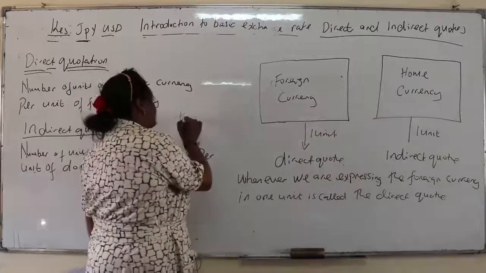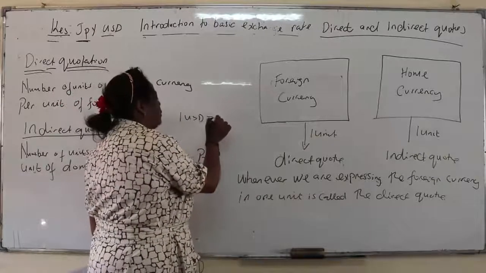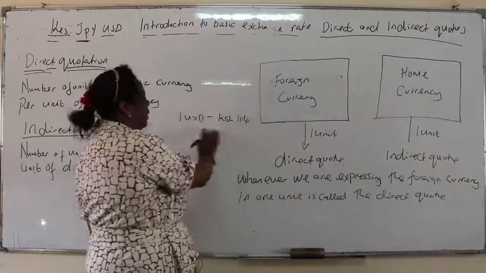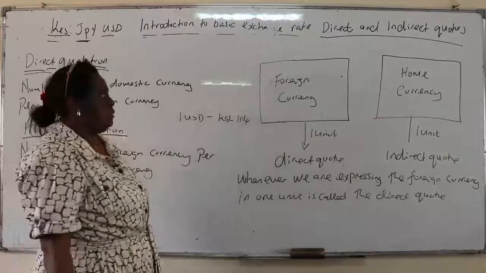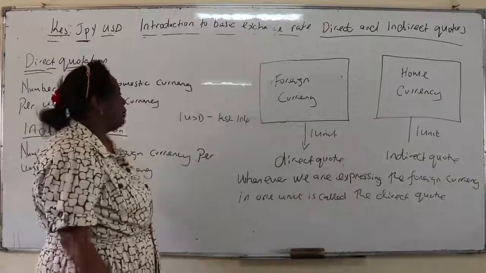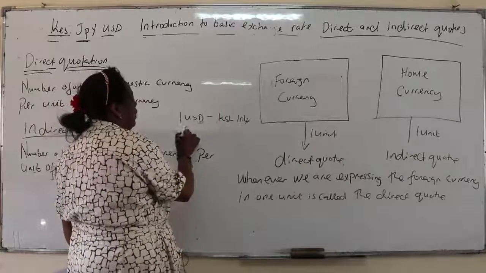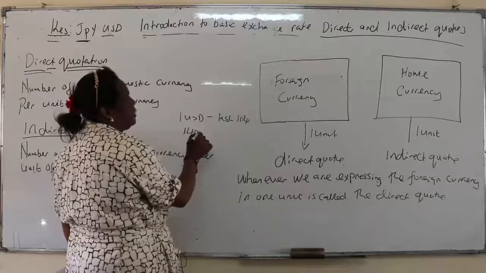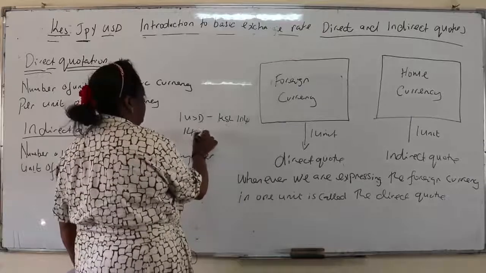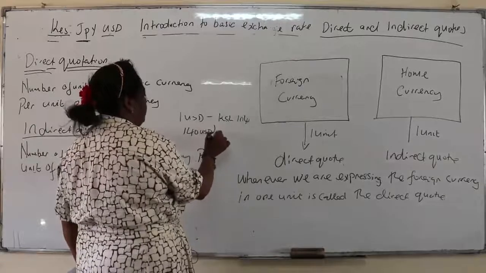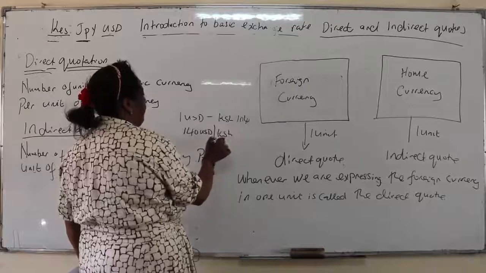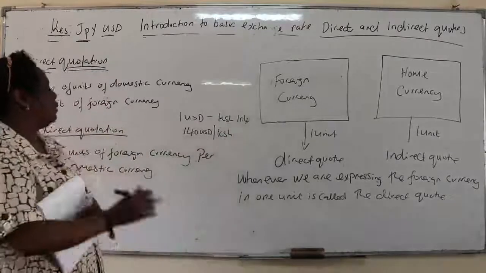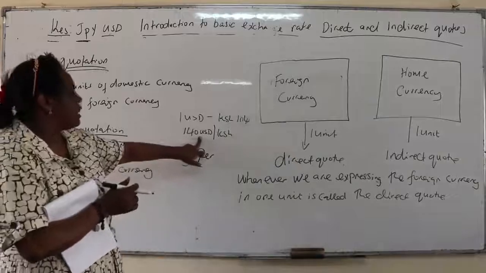So for $1, it is going to be Kenya shillings 104. Yeah, so that's a direct quote. But when we say 0.0096 USD per Kenya shilling, that means US dollars per Kenya shilling.